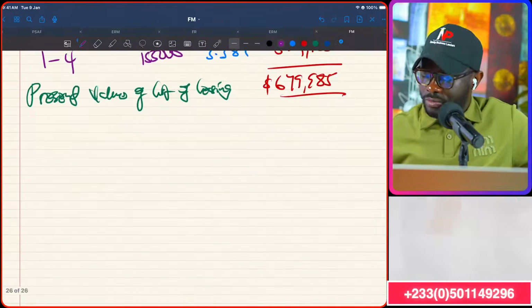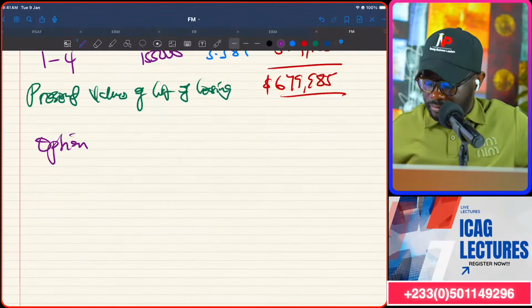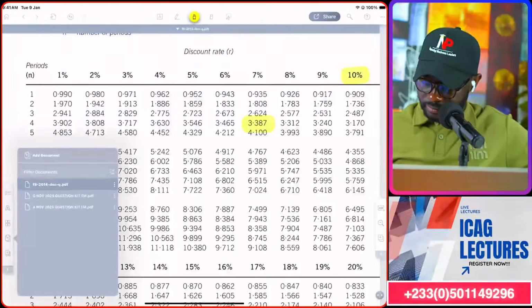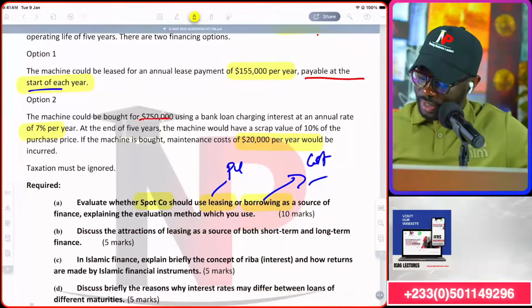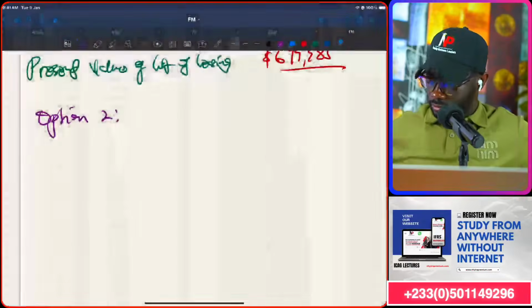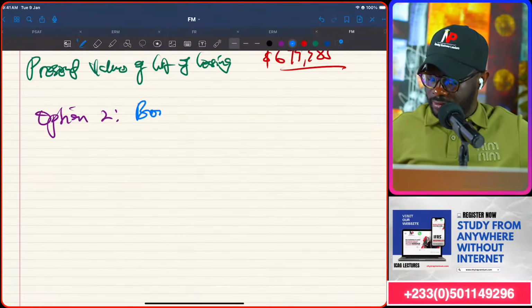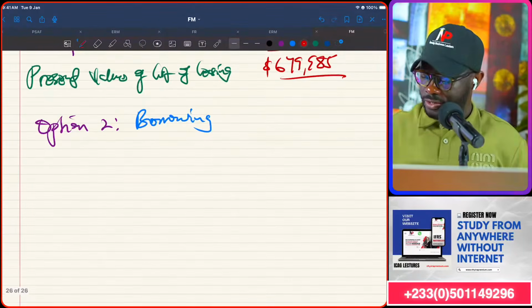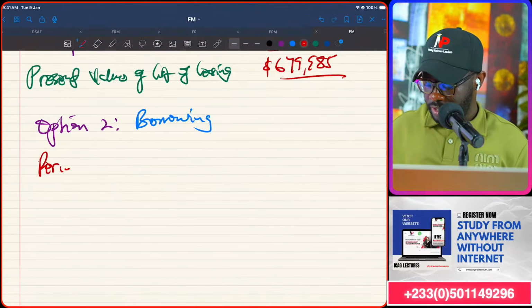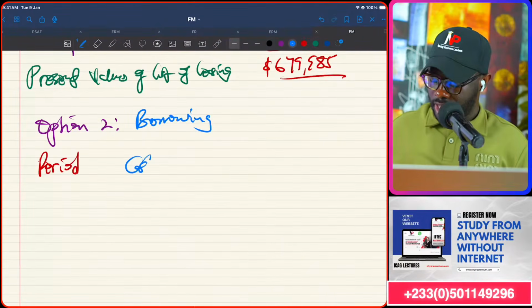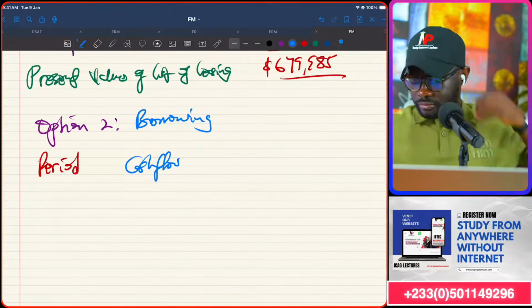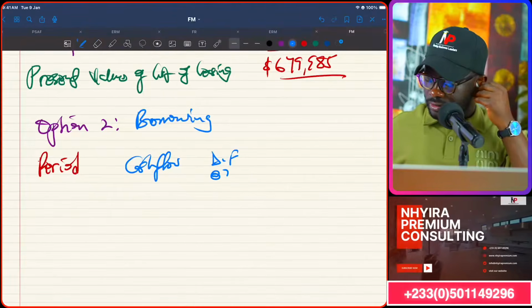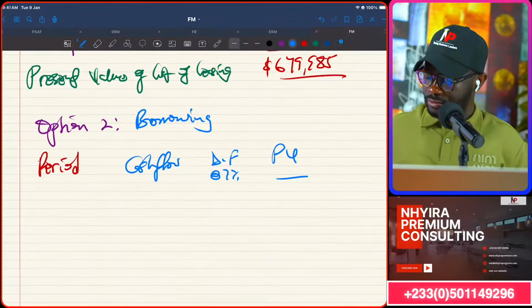Let's go to the second option, the buy, or borrowing to buy the asset. So that also will discount the cash flows. So we have the period coming up, the cash flows coming in, the discount factor still at 7%, then the present value coming up.